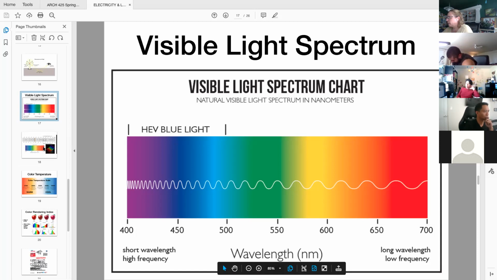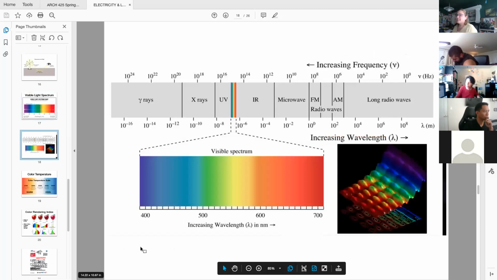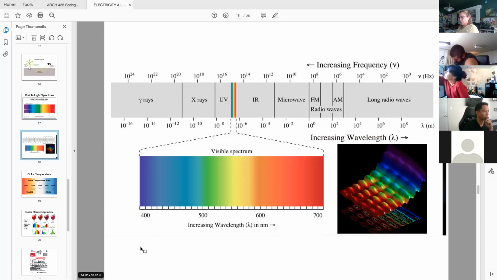Now, that's the visible light spectrum. Out of the entire light spectrum, our visible light spectrum is very, very small. So there's your gamma rays, your X-rays, your ultraviolet light, then our visible light spectrum, then it gets into the IR spectrum, that stands for infrared. Then we get all the way up into microwaves and radio waves.